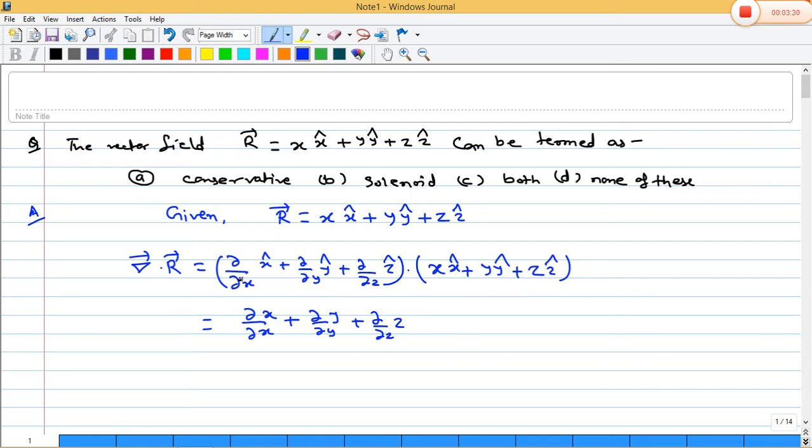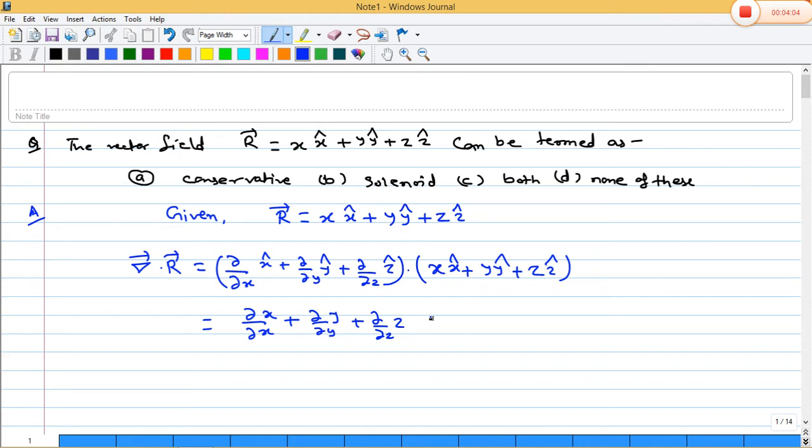How? Because x cap dot y cap will be 0, x cap dot z cap will be 0. Similarly, y cap dot x cap will be 0, y dot z will be 0. Okay, so when we multiply with another coordinate, the dot product will be 0, and for the same coordinate, like x dot x, y dot y, z dot z, it will give 1.